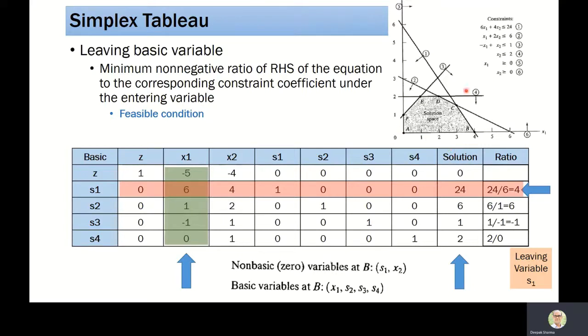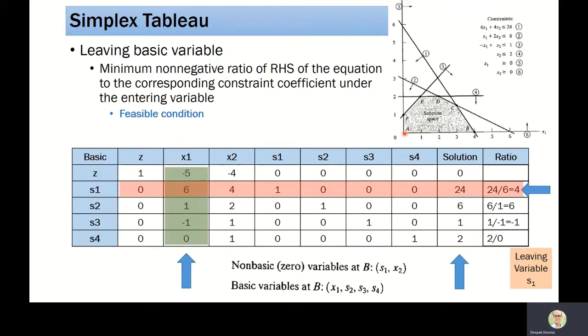So when I get all these points, I know that the -1 we cannot take because it is already infeasible. For the other one, both of them are parallel, so there will be no point of intersection. Now I am left with these two. What do we mean by that? If I'm saying minimum non-negative ratio, I'm looking for the nearest point of intersection if I'm moving from A along the direction of the entering variable, that is x1.